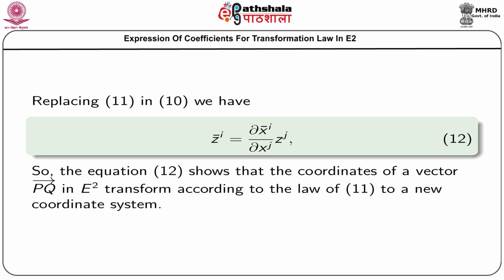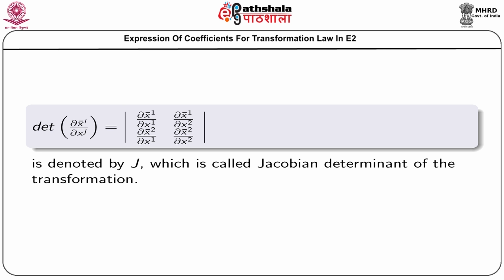So, equation 12 shows that the coordinates of a vector PQ in E2 transform according to the law of 11 to a new coordinate system, where ∂x̄^i/∂x^j is given by the determinant of the matrix with entries ∂x̄1/∂x1, ∂x̄1/∂x2, ∂x̄2/∂x1 and ∂x̄2/∂x2, and it is denoted by J, which is called the Jacobian of the transformation.